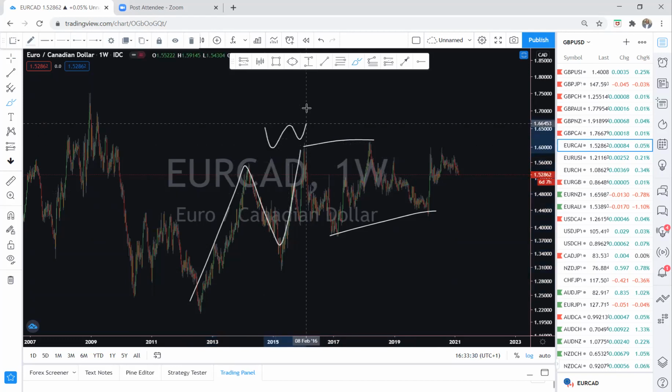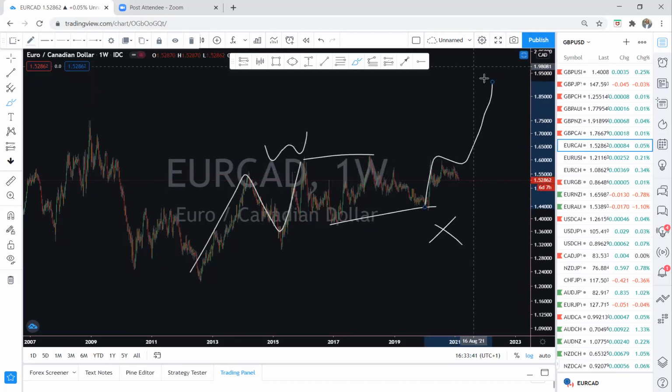So you are going to have W here, you are going to have X here, and in future, expect a bullish momentum for Euro card, which is Y, before you can expect a move to the downside. Okay, that is WXY under the weekly time frame.